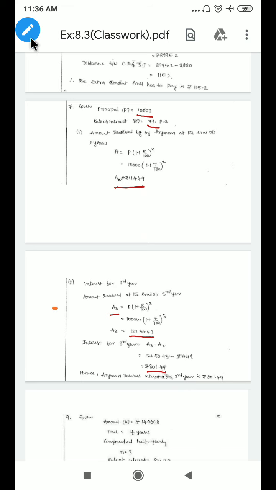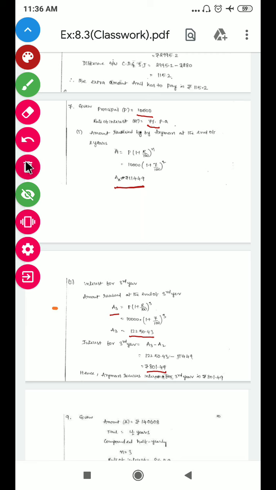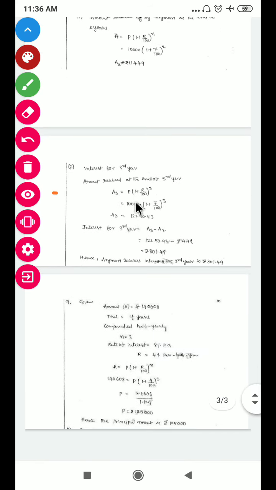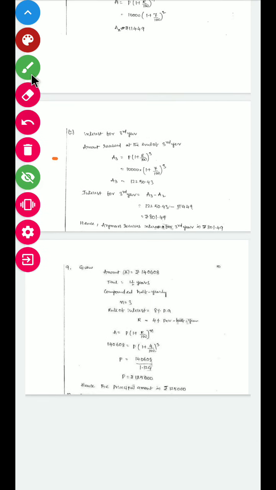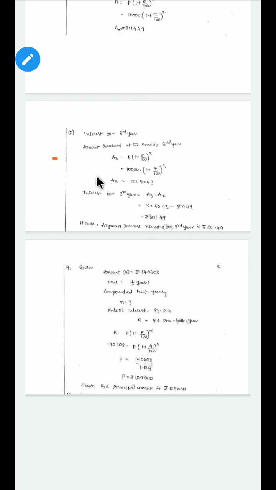Now go to question number 9. So question number 9 is given here. What sum invested for 1.5 years compounded half yearly at the rate of interest 8% per annum will amount to 1,40,680?